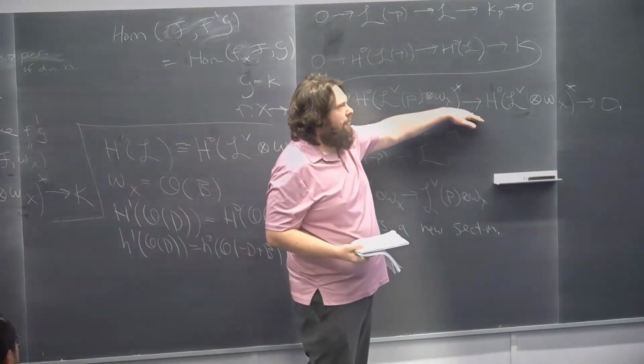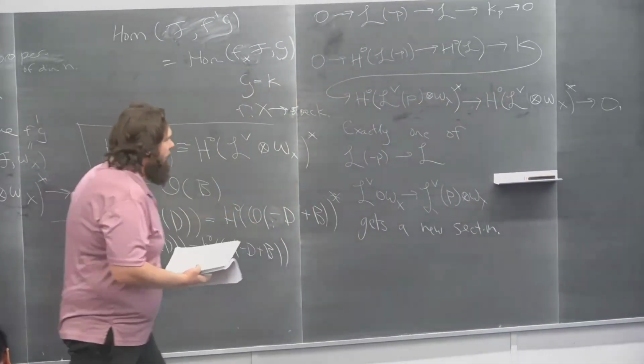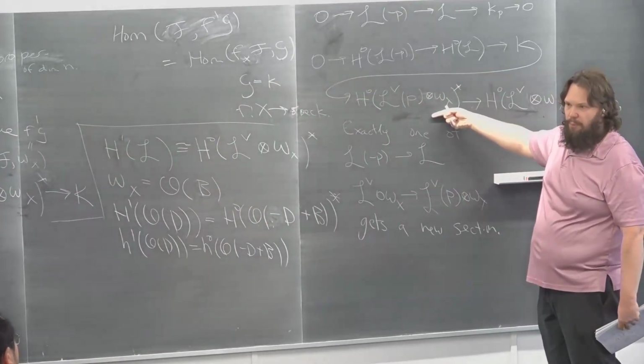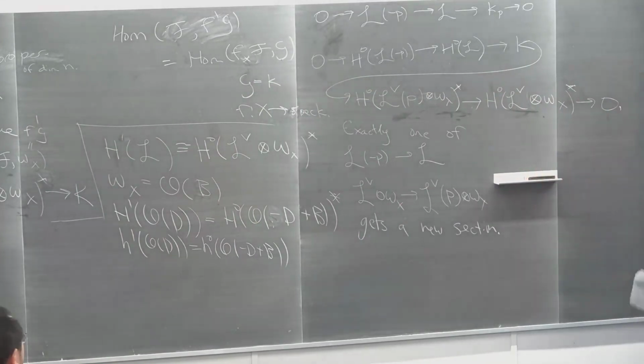This map is the right way because there are duals. If I didn't have the duals, I would have a map this way, which is allow a pole. So when I take the vector space dual, I get a map in the right direction.